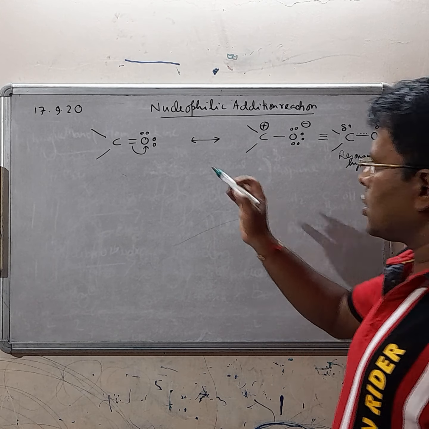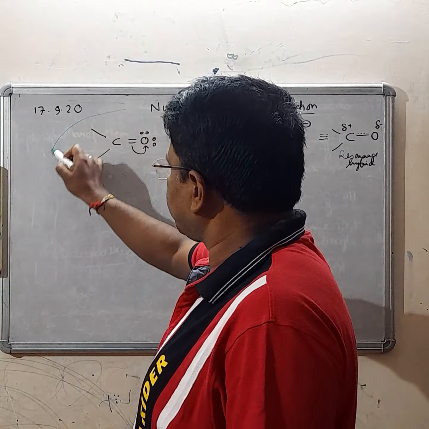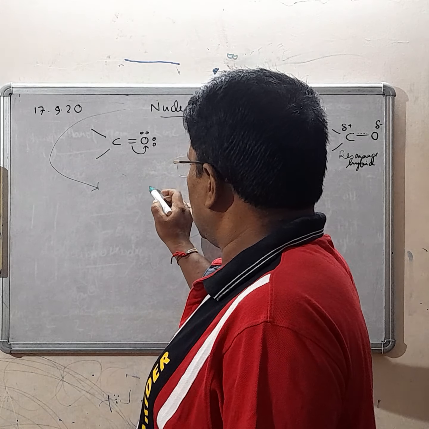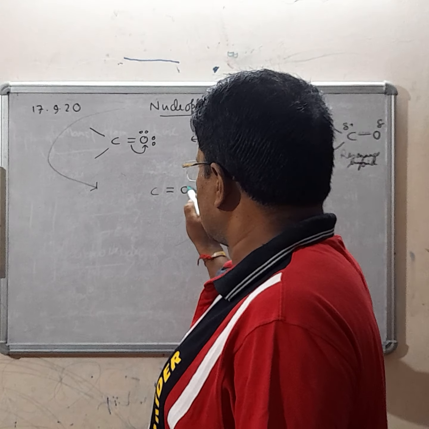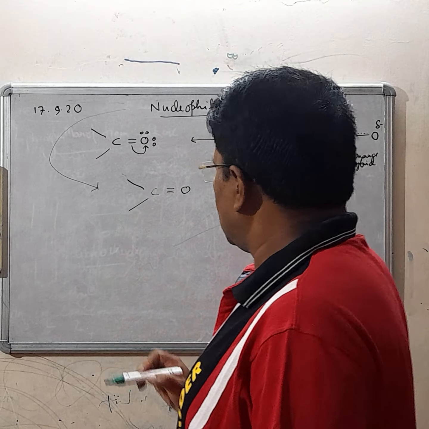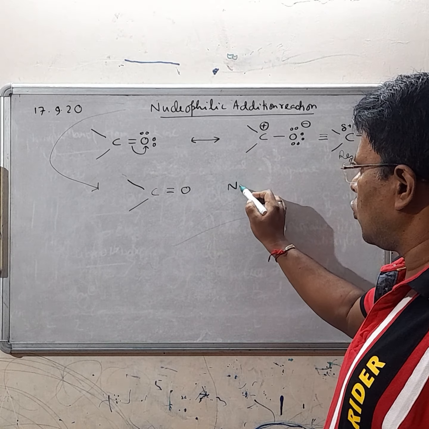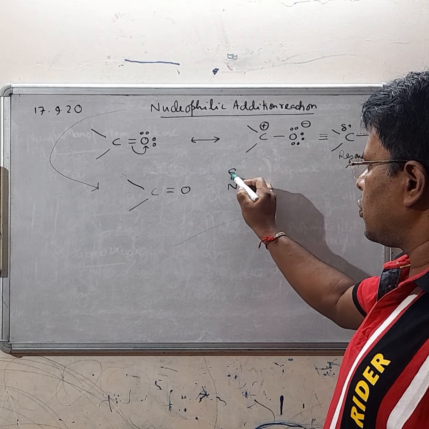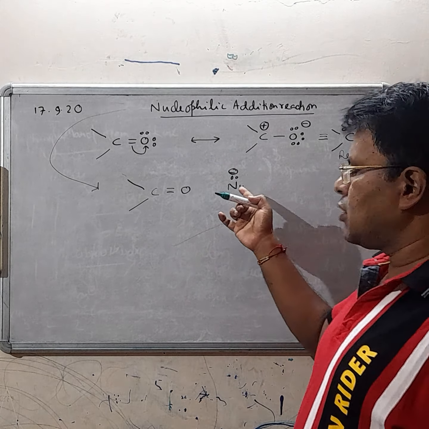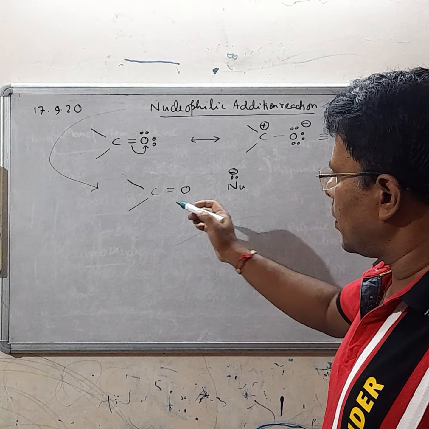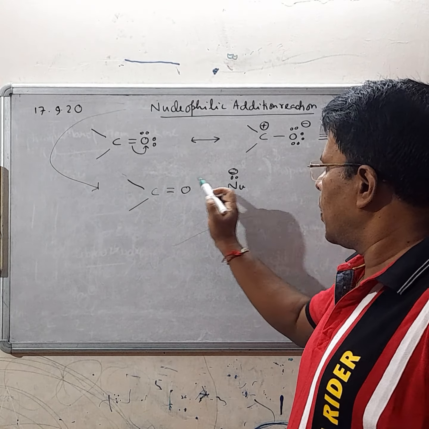So what is the nucleophilic addition reaction? It is like this. First step, the nucleophile, which is rich in electrons, looks for a positive center, and the positive center is here.